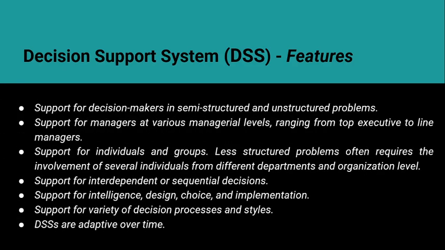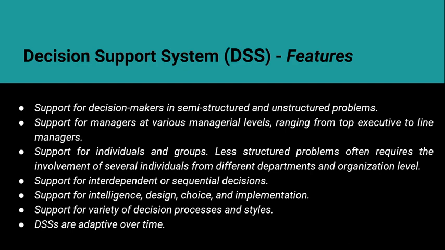So next let us see the characteristics or the features that DSS or decision support system provides. First, it is support for decision makers in semi-structured and unstructured problems. It supports the managers at various managerial levels ranging from the top executives to the line managers. Then it supports individuals and groups where less structured problems often require the involvement of several individuals from different departments or organizational levels.